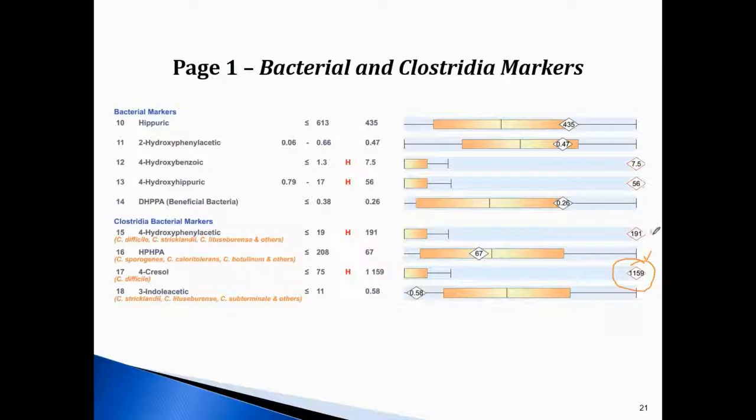Look at the 4-hydroxyphenylacetic acid. Notice that Clostridia difficile can produce both. If all we did was assume this person had candida and didn't assess these other bacterial problems, a tremendous amount of information would be lost. This is a huge priority to deal with.